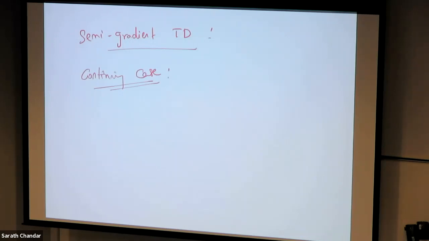Now, if you look at the update equation, it is going to look something like this. Wt plus 1 is equal to Wt plus alpha times Rt plus 1 plus gamma times the value of the next state, which I'm going to call Wt transpose xt plus 1, okay? I'm just writing x of s as x here. Minus Wt transpose xt, the whole thing multiplied by xt.